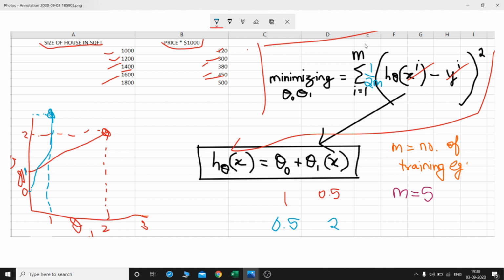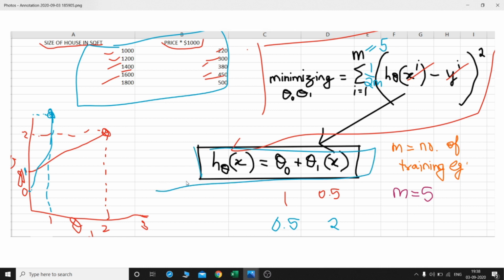So m is your 5 here, which is your number of data sets, and h theta x is basically this hypothesis which we already discussed here. And then i will be the ith data set.